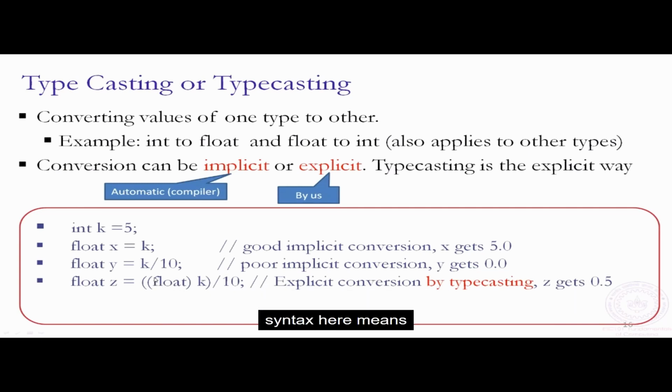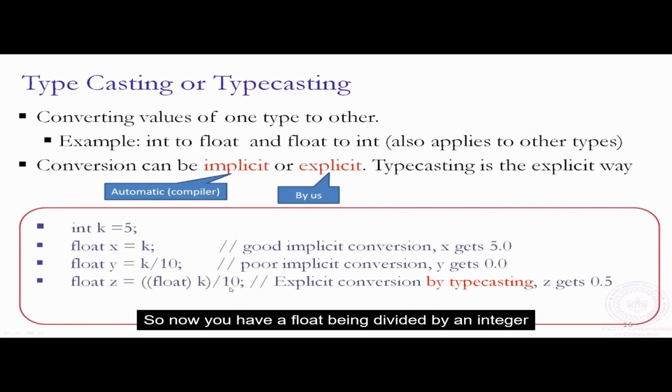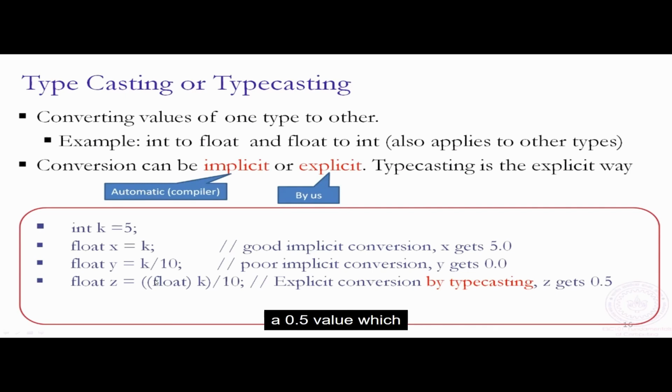The syntax here means I want a box that contains the value of k as if it had been declared as a float variable. That value is divided by 10. So now you have a float being divided by an integer, which gives you a float, and that becomes a 0.5 value, which is then stored in Z.